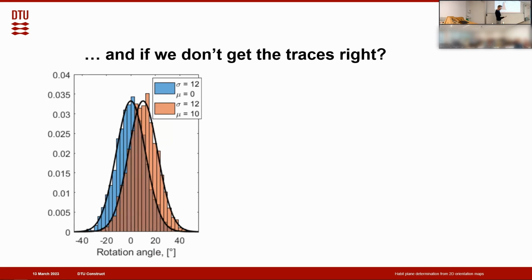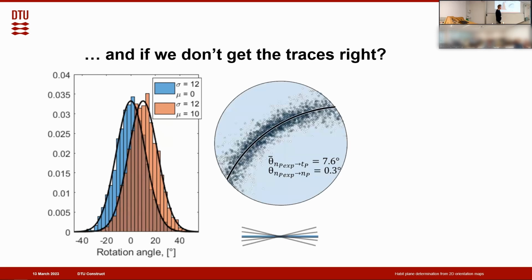The blue distribution shows a situation where we just have some standard deviation around a zero mean. So it basically means this is the perfect trace, and then we have some kind of deviation. And we see that there's an average angular misfit of 7.6 degrees from the traces to the real habit plane, but the habit plane we can fit from this only has a deviation of 0.3 degrees.